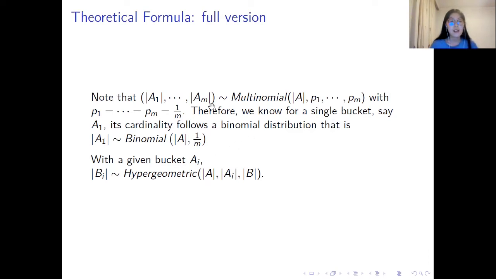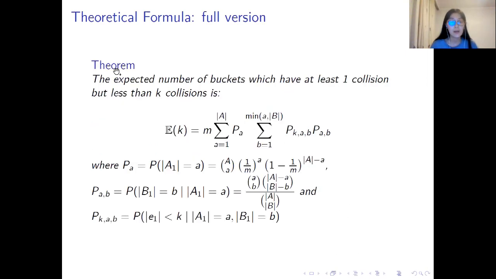So we combine these two slides and get the main result of our paper. This theorem proposes a formula to compute the expected number of buckets which have at least one collision but less than k collisions. We observe that this formula has a double sum.